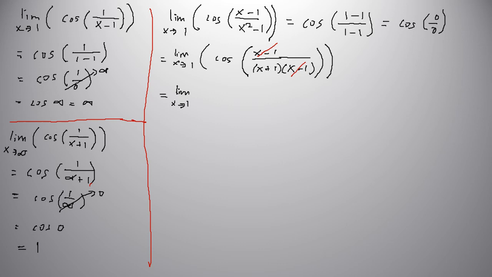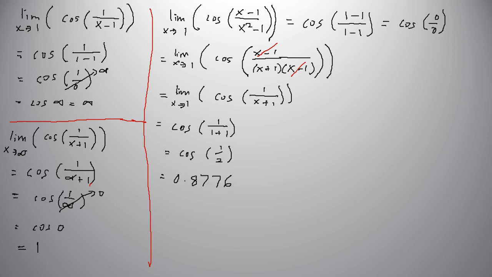So the rest we get cos 1 over x plus 1. After simplifying, we can substitute x equal to 1. So we have cos 1 over 1 plus 1. So here we get the answer, cos 1 over 2, which is equal to 0.8776.